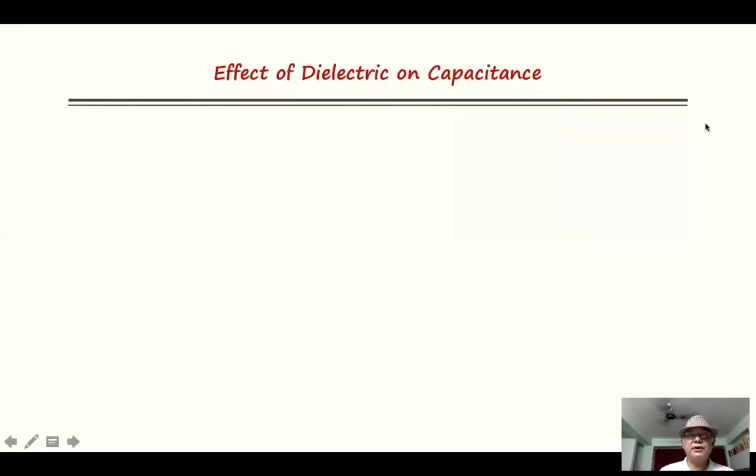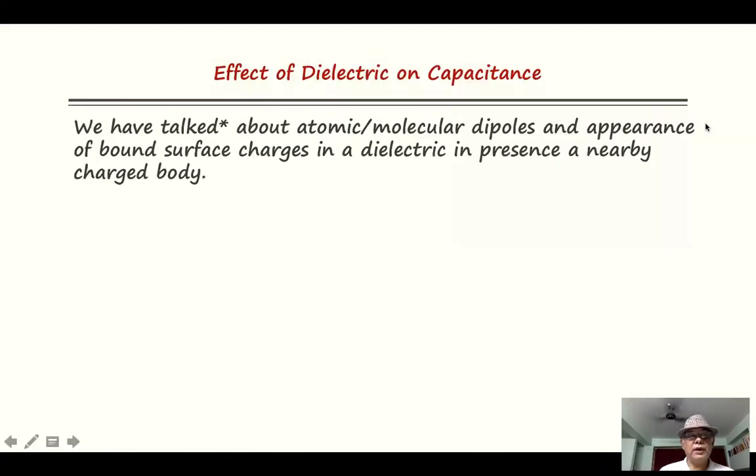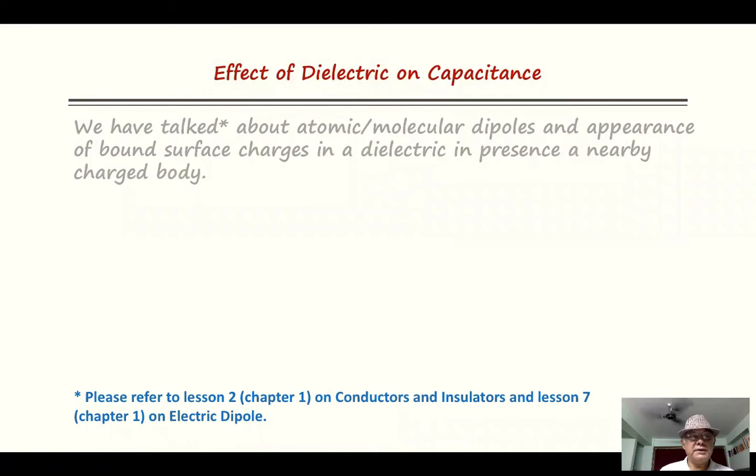Effect of dielectric on capacitance. We have talked about atomic/molecular dipoles and appearance of bound surface charges in a dielectric in presence of a nearby charged body. Please refer to Lesson 2, Chapter 1 on conductors and insulators and Lesson 7, Chapter 1 on electric dipole.